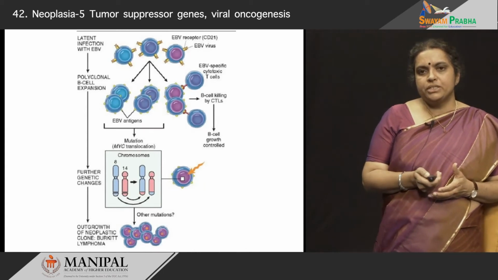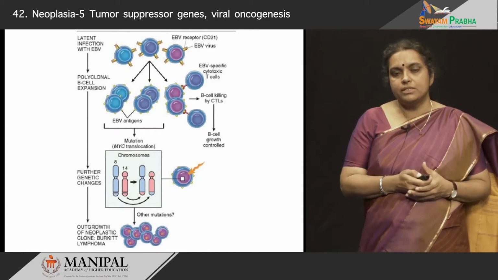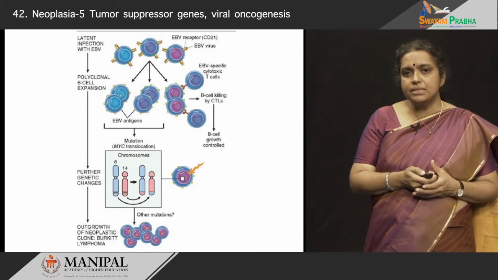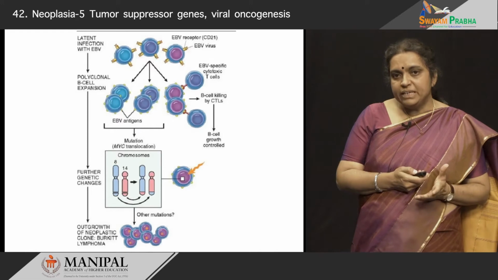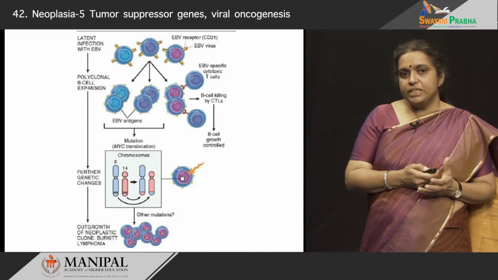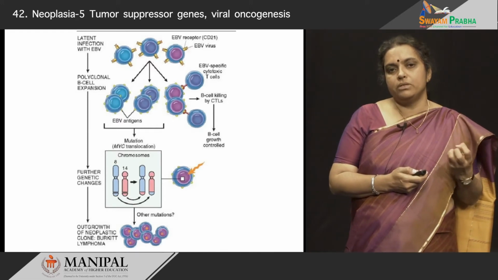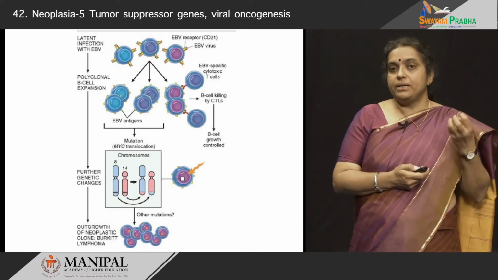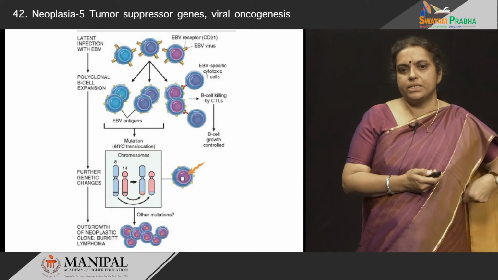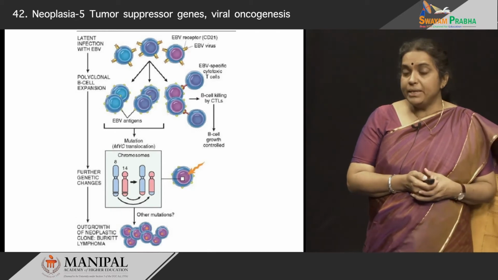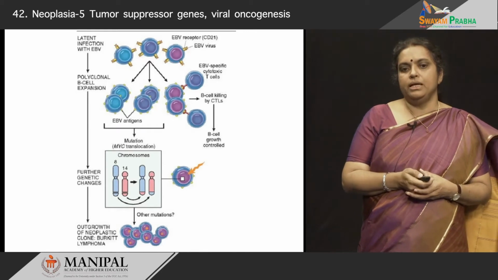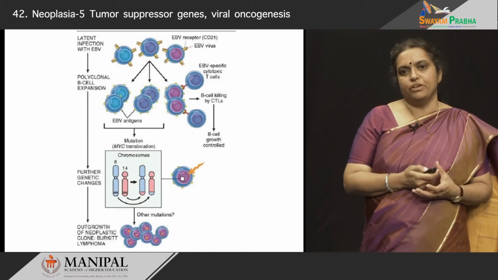Now, this is a picture that shows how EBV causes Burkitt lymphoma, especially in the endemic areas. What is believed is it initially causes a polyclonal expansion of the B cells, and after these cells acquire additional mutations and translocations, especially involving the MYC oncogene, they become monoclonal and becomes a lymphomatous proliferation.